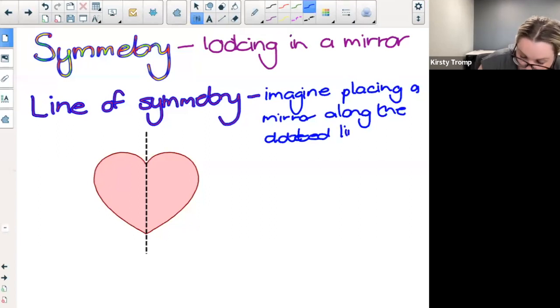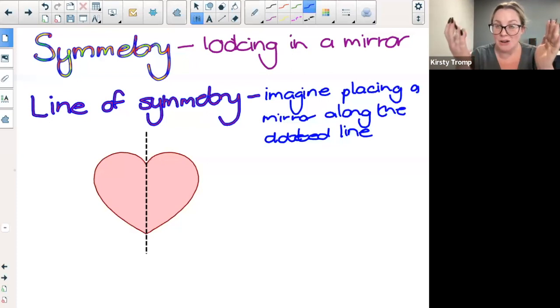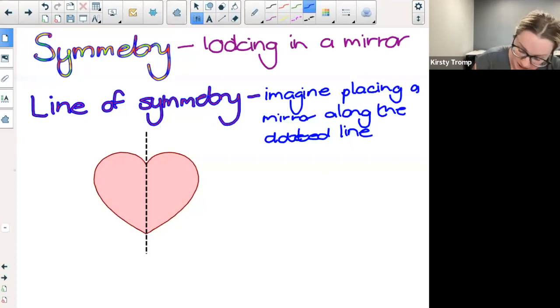So imagine I go and I put a mirror on that dotted line, all right? If one half of the shape is a mirror, exact same copy of the other half of the shape, then that means that the shape has a line of symmetry. So imagine placing a mirror along the dotted line.